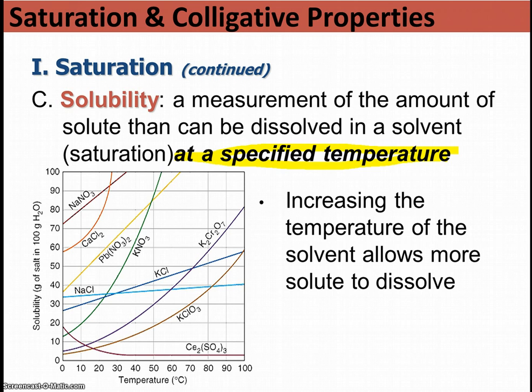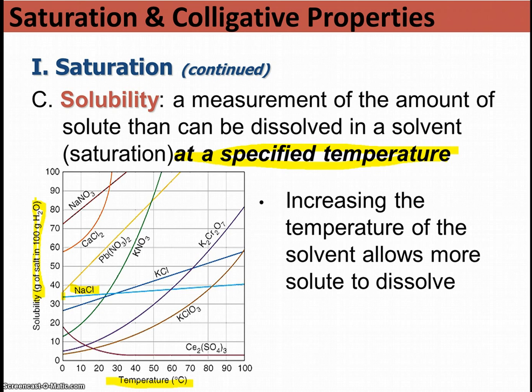So in the graph you see below, we're looking at solubility in terms of grams of the substance, looking at different salts, and the volume is 100 grams of water. And again, this is by different temperatures. So if we were to look at table salt, sodium chloride, we would see that at 0 Celsius, only, let's say, about 35 grams of sodium chloride can be dissolved.